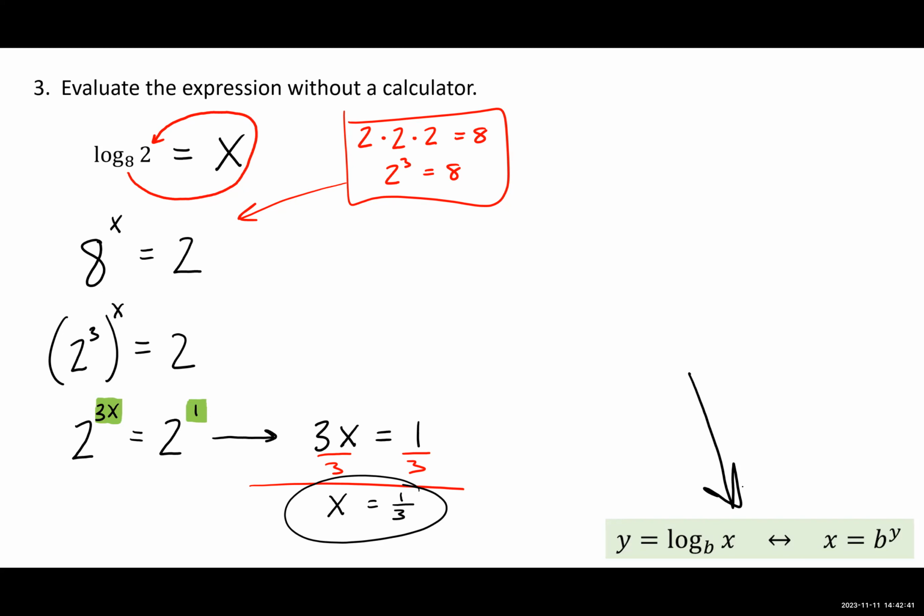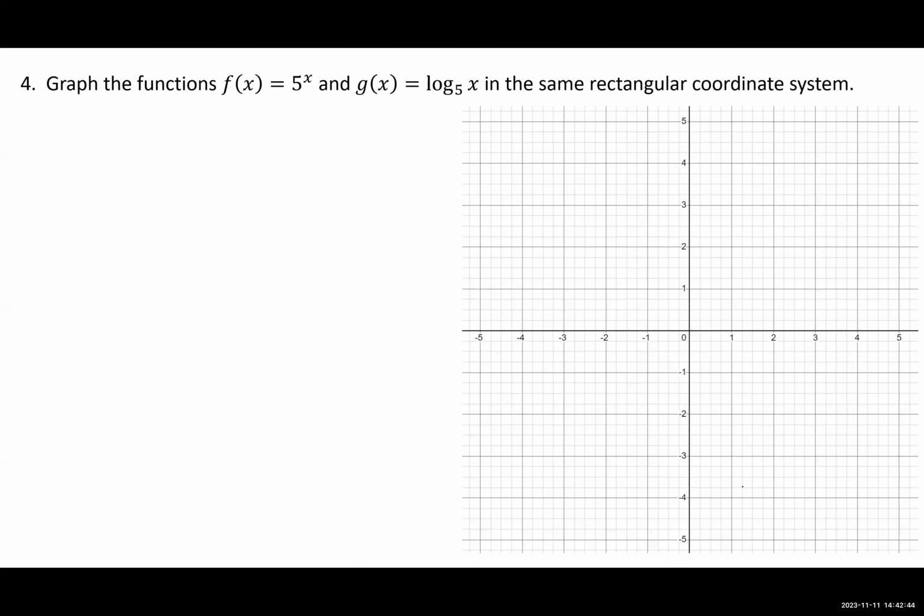Okay, now going back to what I said earlier, that the exponential function and the logarithmic function of the same base are inverses of each other. So what we want to do here is graph the function f of x equals 5 to the x, and g of x is equal to the log base 5 of x, in the same rectangular coordinate system, or basically two graphs on the same plane.